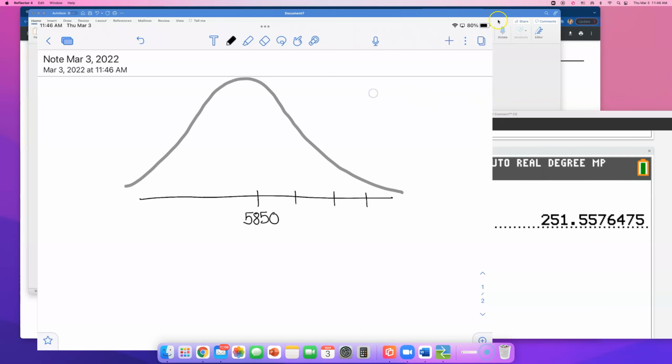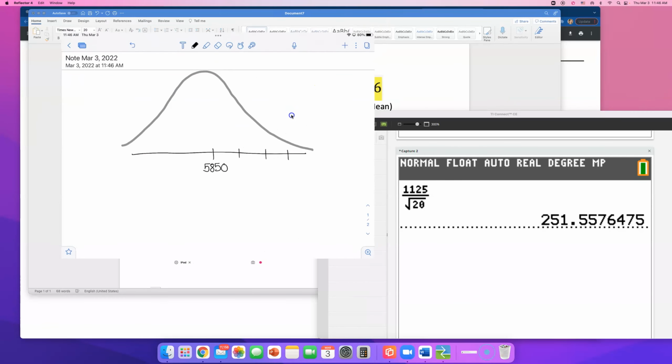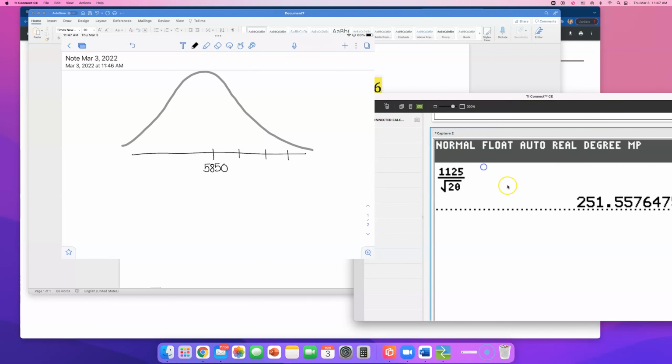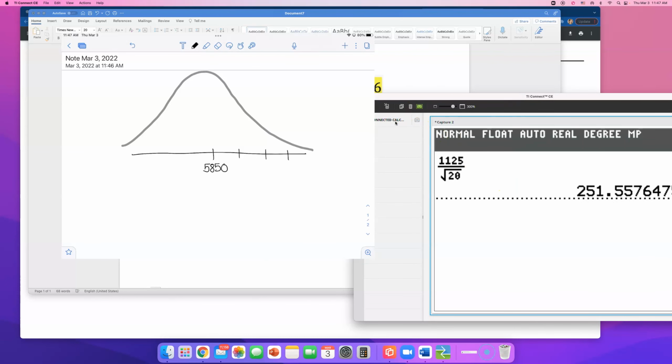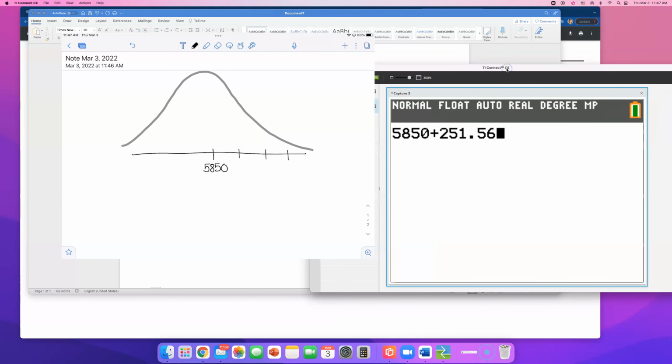I wonder if I can show you both screens at the same time. Okay, so you can see my calculator. I'm typing 5850 plus 251.56, and I got this number, which is 1 standard deviation above.